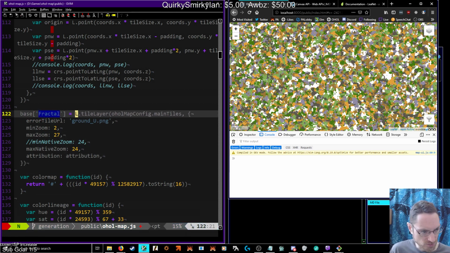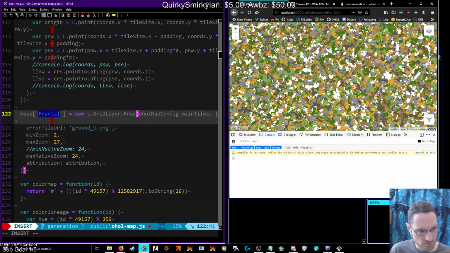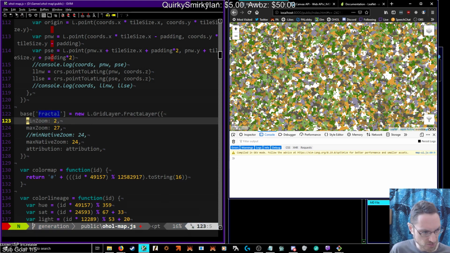Base, fractal, new layer in their style. We don't need that. That will kind of match what we've got.